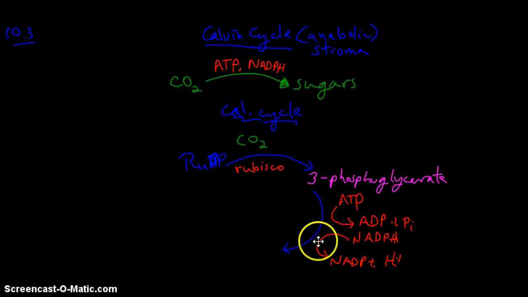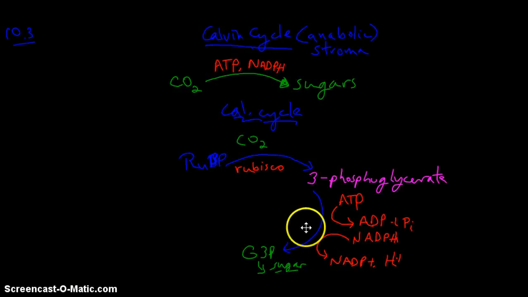So these molecules are used to generate a molecule of G3P. Now this is the molecule that will actually split out and become the sugar.